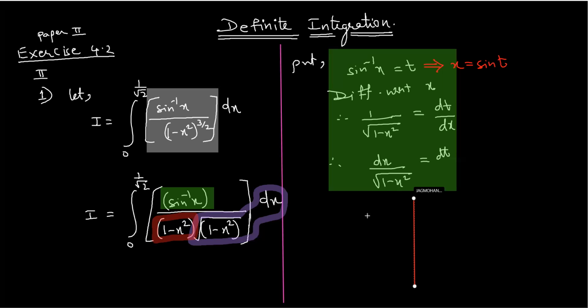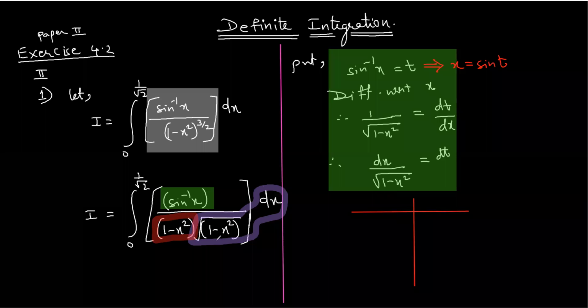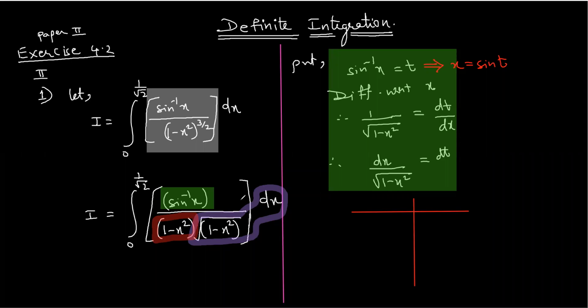Now, very fine. But still there is something which we will have to look for. And you know what? That is the interval we got, 0 to 1 by root 2. Remember students, this 0 to 1 by root 2 was an interval for the variable x. You are integrating with respect to x, so it was the variable x for which you had the interval 0 to 1 by root 2.